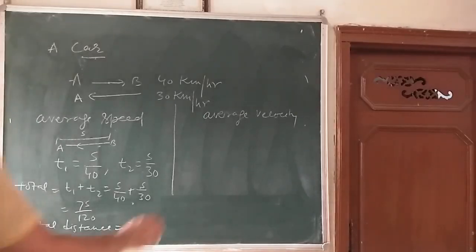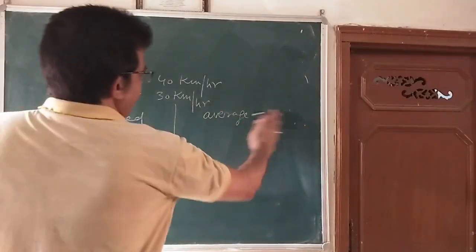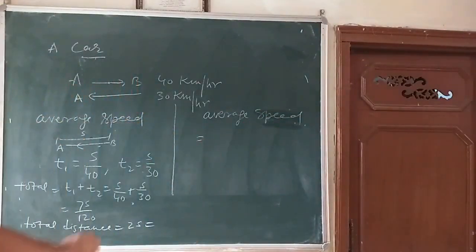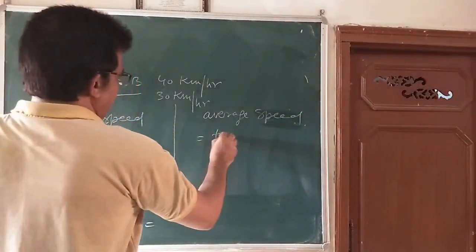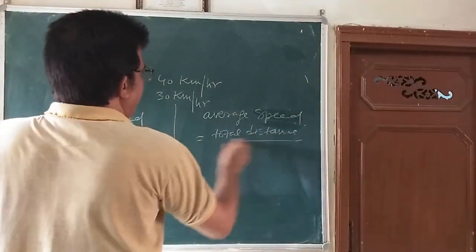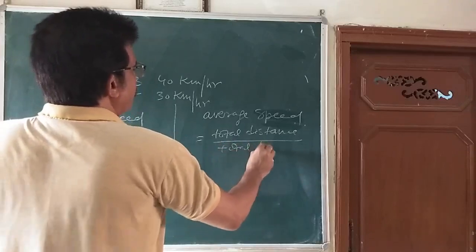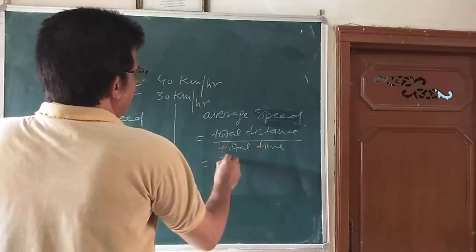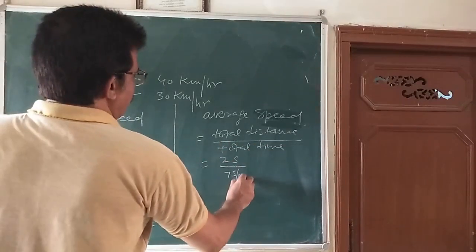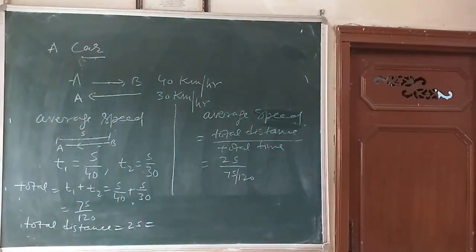So average speed we can find first. Average speed is equal to total distance traveled divided by total time. Total distance 2s divided by total time, this one 7s by 120.